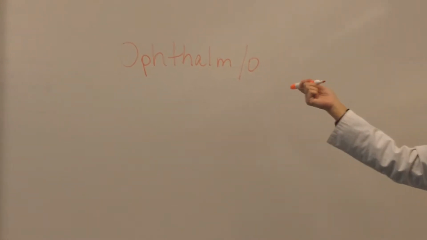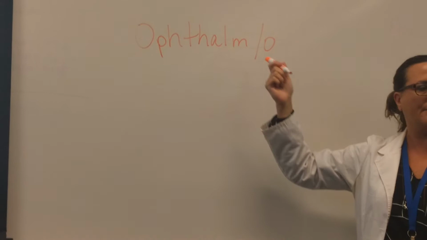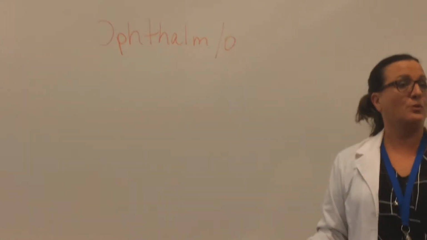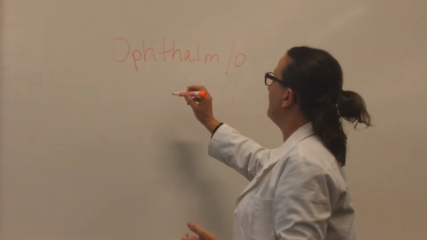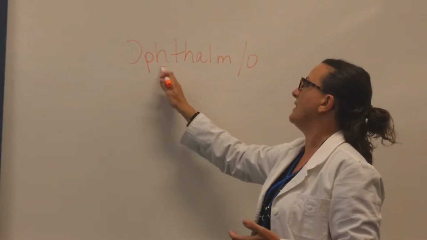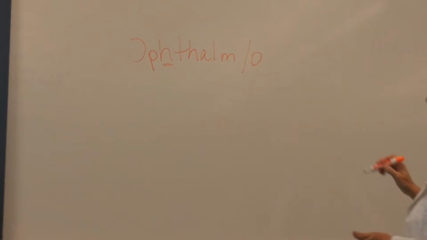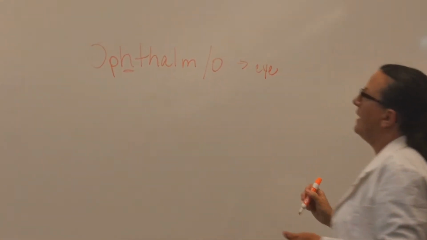That's a root or a combining form. Those mean the same thing. Your author in this textbook calls it a combining form because it has the O with it, but it's a root term too, so that means the same thing. So ophthalmo, the big thing in that is that people forget this first H. It's OPHTH. Okay, and what does it mean? It means eye, right? Okay.